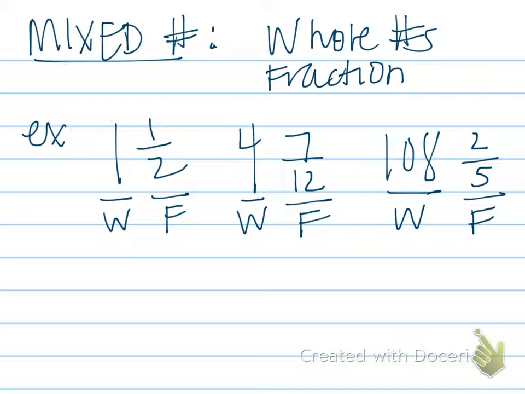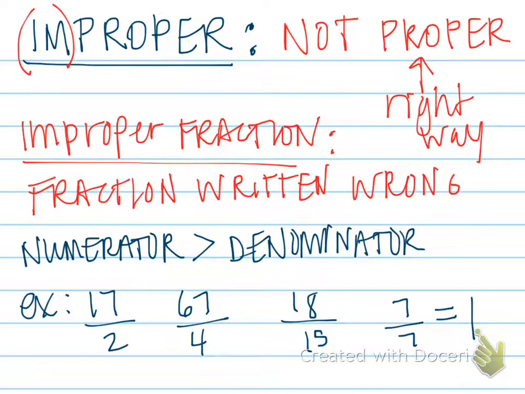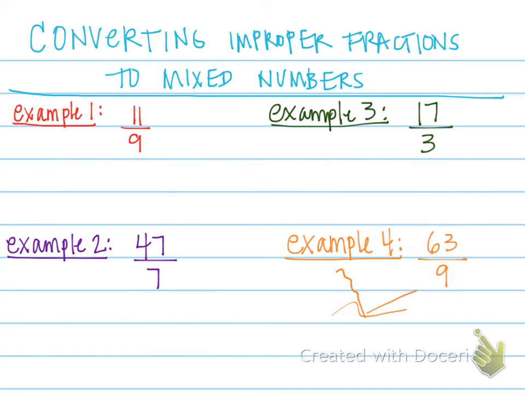Now, in order to get from an improper fraction to a mixed number, let me show you what we'll do looking at a couple of these examples. So the first example here, I have 11 out of 9. In order to calculate this and figure out how to make this a mixed number, you would take 11 and divide it by 9.